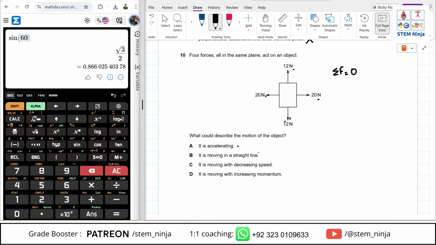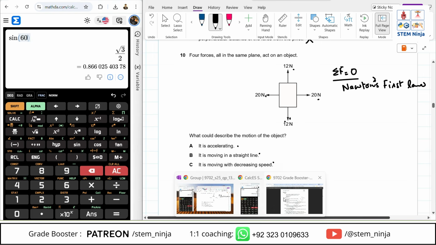However, none of the options suggest that. However, we know Newton's first law. Newton's first law deals with when there is no resultant force.